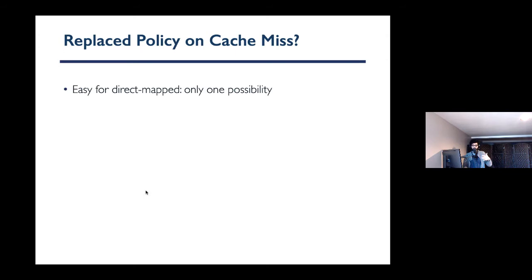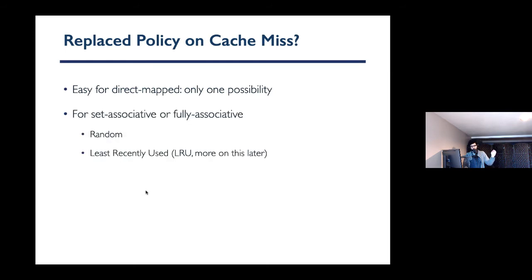If you have a direct map cache, then each set has only one block, so you don't have any more options. You're not going to choose between blocks. The question of which block to evict is answered easily: the same block in your set, you just evict it. You don't have any other options.